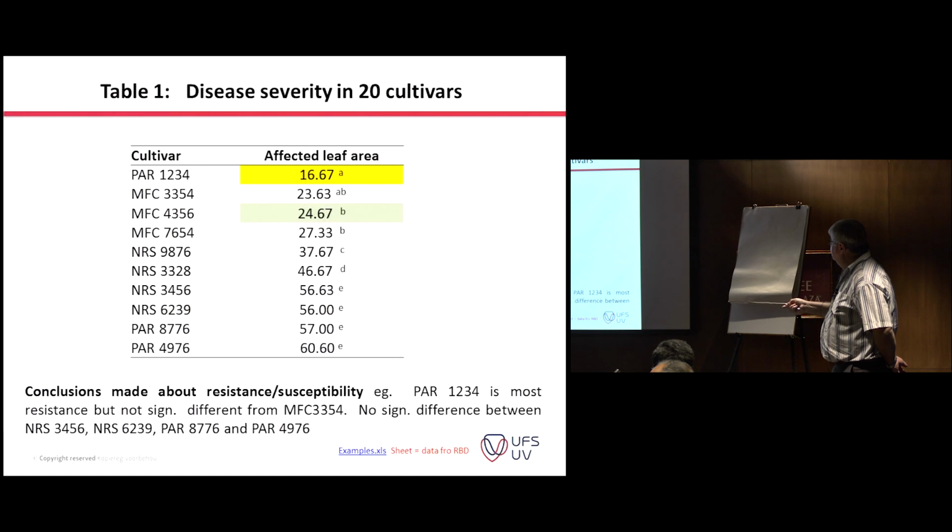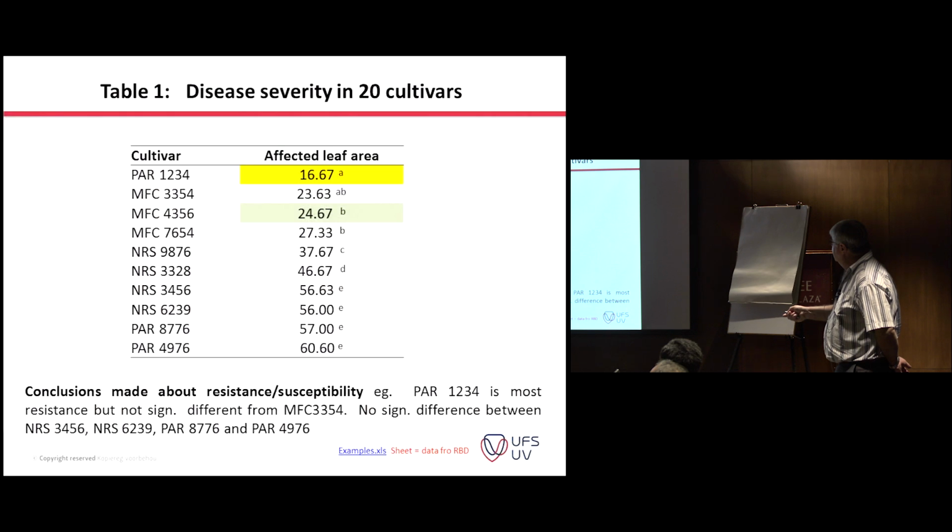That one there has a difference that's greater than 7 between those two. So therefore, I can say with a 95% probability, because I used that 95% probability t-value in my calculation, that that cultivar differs significantly from that cultivar in terms of disease severity, or whatever I was measuring.